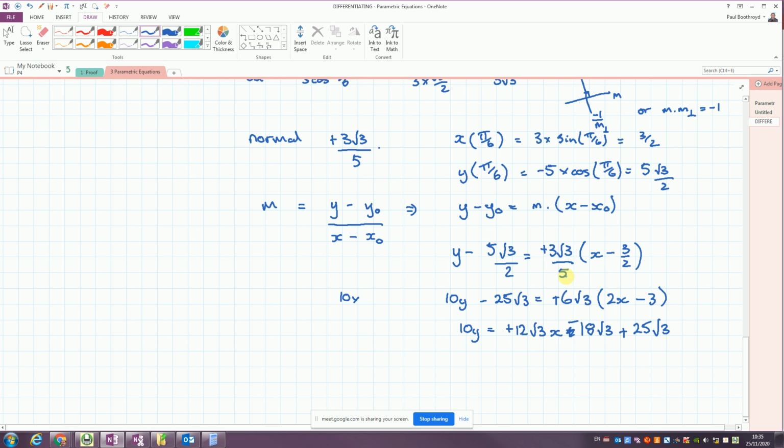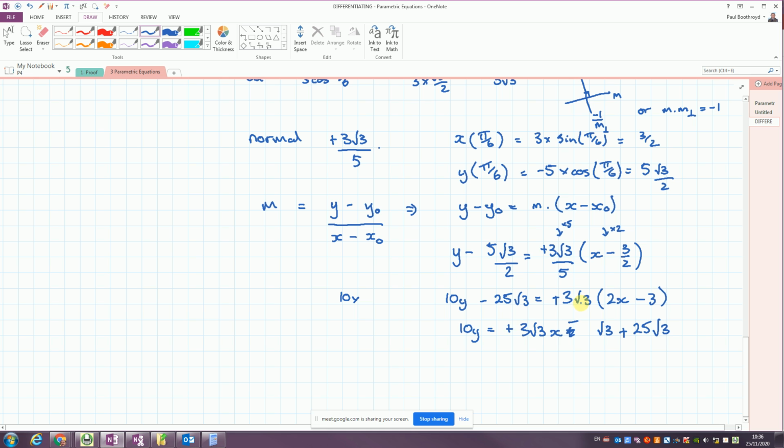When I was multiplying by 10, this cancels 5, and I multiplied the 2 into here. So that should be multiplied by 5 to cancel, and that bit gets the multiplied by 2. So we should have 3 there.